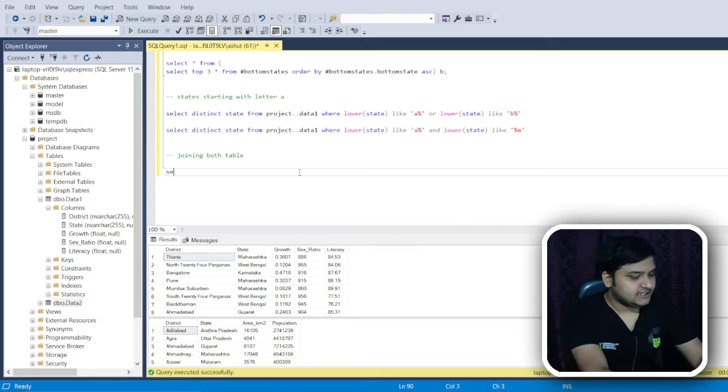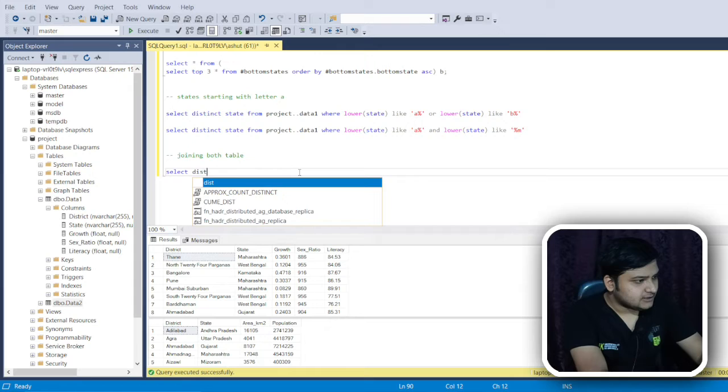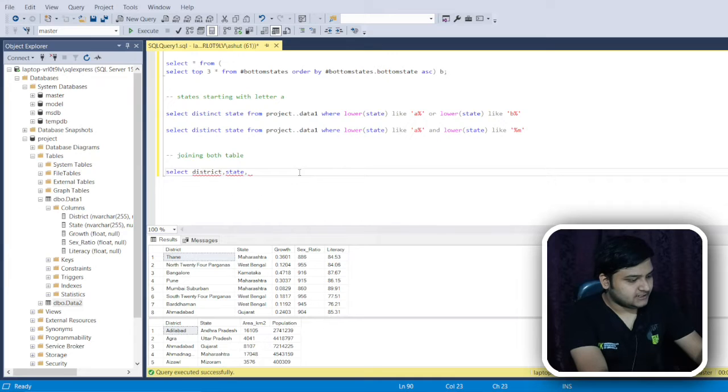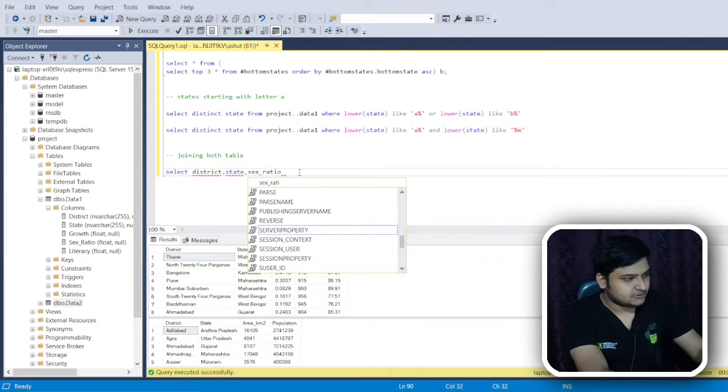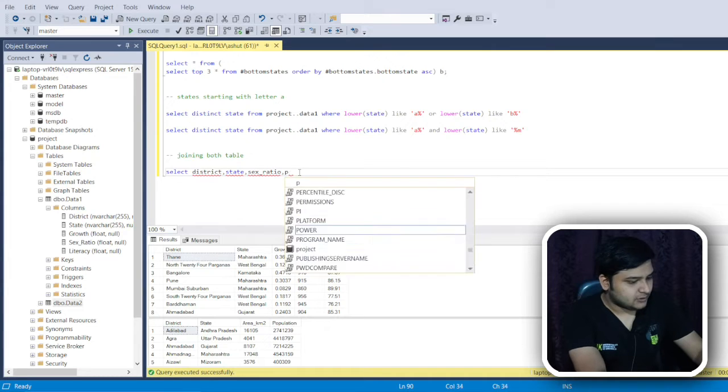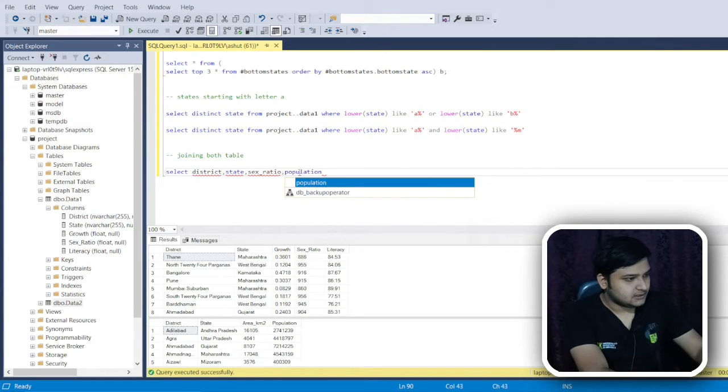So we'll just write the code here. I'll write select district, comma, state, comma, we want the gender ratio. And from the other table I want the population.